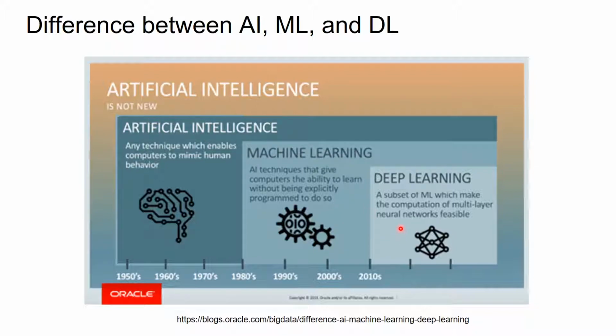And deep learning focuses on making the computation of multi-layer neural networks feasible, and it can learn by itself. That means the computer collects or sees a lot of data, and it can generate its rules by itself. In machine learning, the idea is to give the computer the ability to learn without being explicitly programmed.